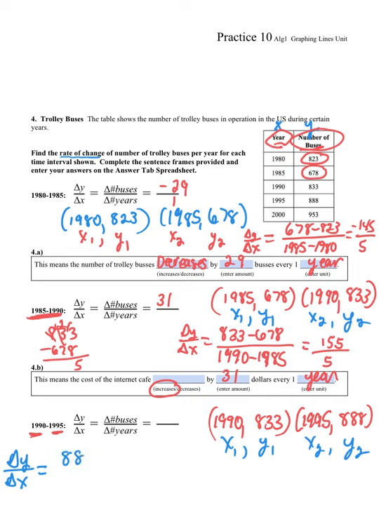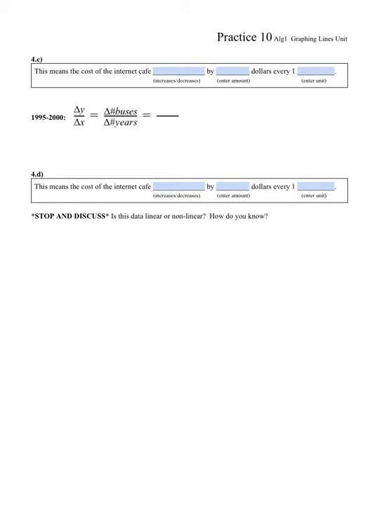It gives us 888 minus 833 over 1995 minus 1990. These are all 5-year intervals, so the denominator is going to be 5 each time. And 888 minus 833 is going to be 55, which is going to give you 11 when you reduce it. So it is going to increase. Yep, that's an increase by 11 buses every year.